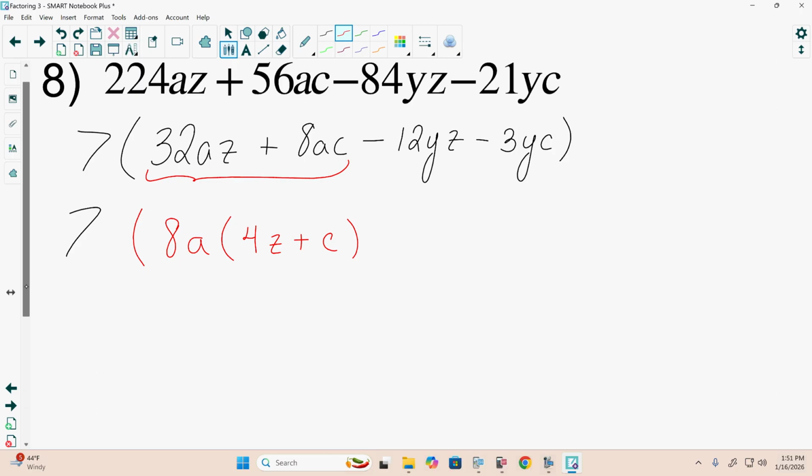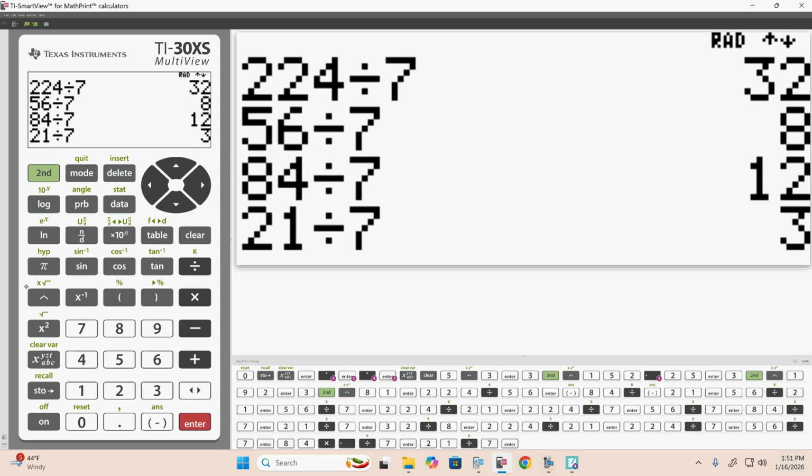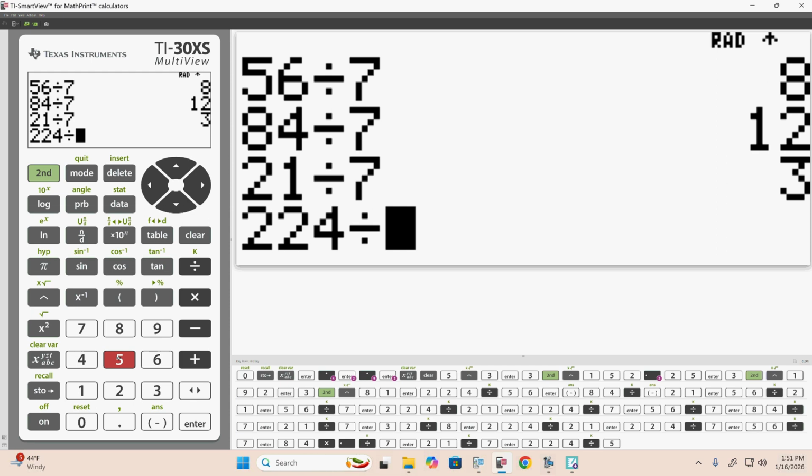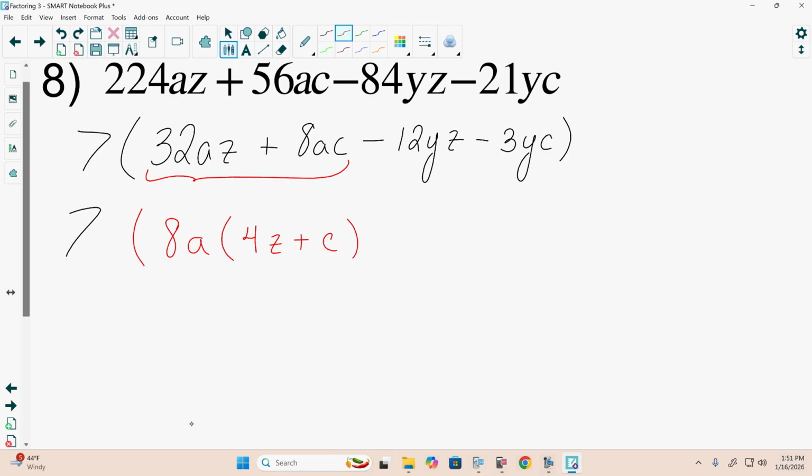Questions on this here? Interestingly enough, because we could still get there, 224 and 56: the greatest common factor between these two is 56. 224 divided by 56 is 4. So instead of having to divide 56a out of both terms, by factoring out that 7 we're now factoring out 8.